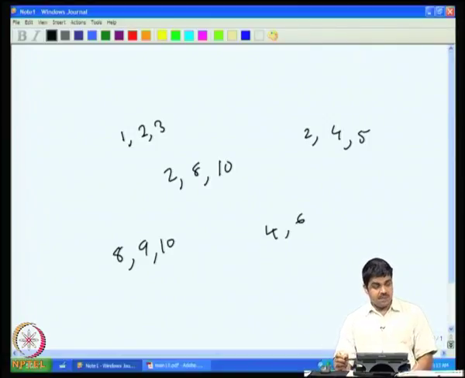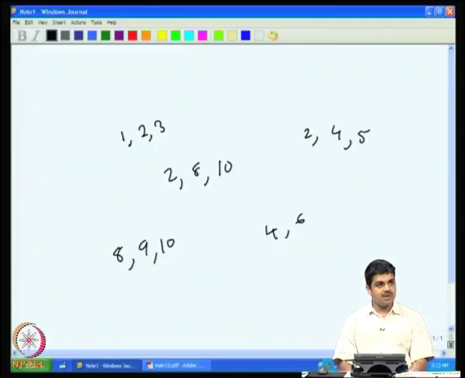Now, these committees meet. When a committee meets, it takes about 1 day to finish, a full day meeting. We have to schedule the meetings of all these committees, but the problem is that some committees contain the same person. For instance, committees 1, 2, 3 and 2, 8, 10 have 2 in common.